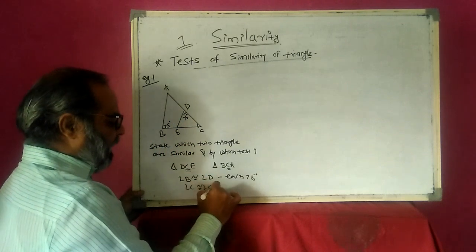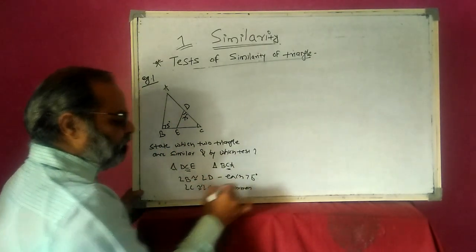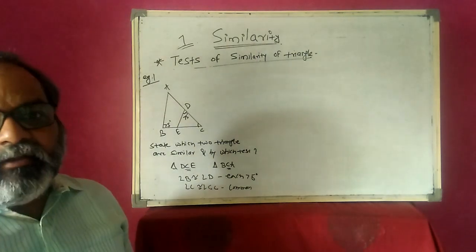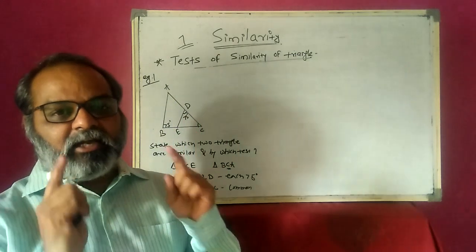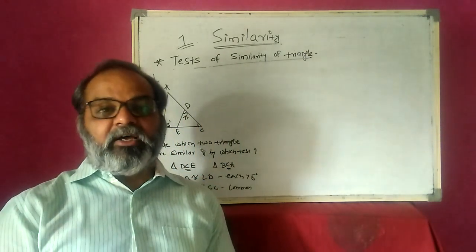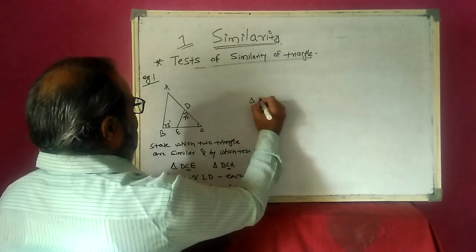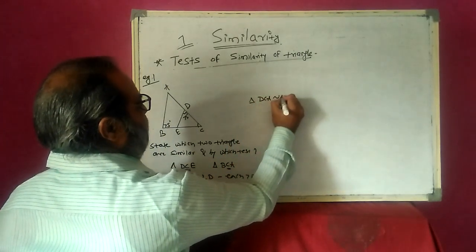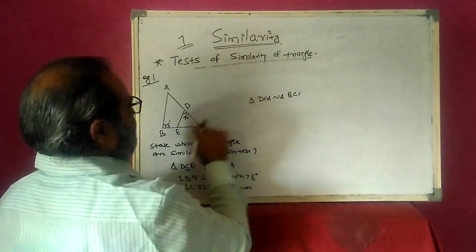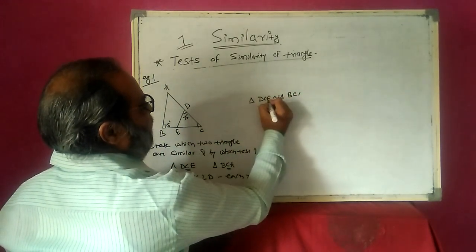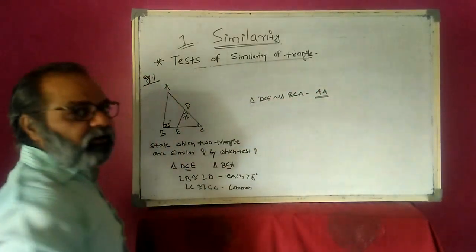So this is the common angle. And we learned that when two angles of one triangle are congruent to two angles of another, the triangles are similar by the AA test. So triangle DCE is similar to triangle BCA, and by which test? It is by the AA test.